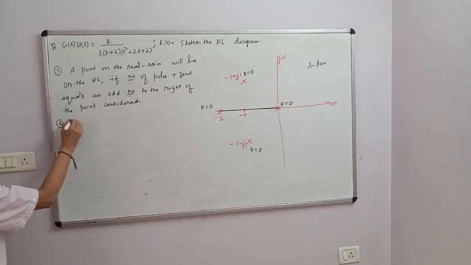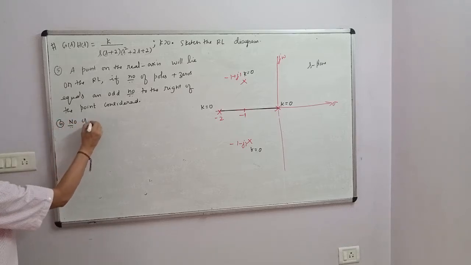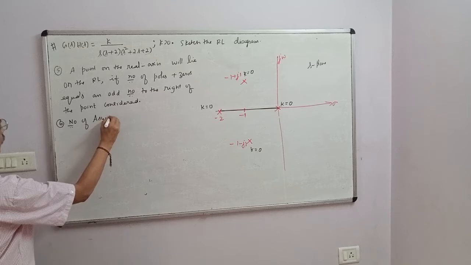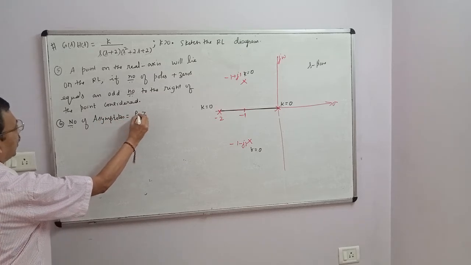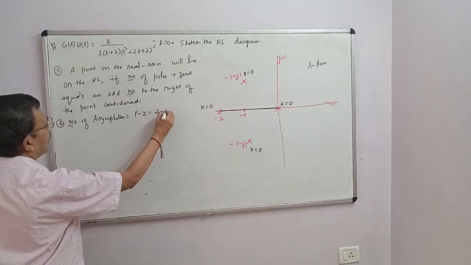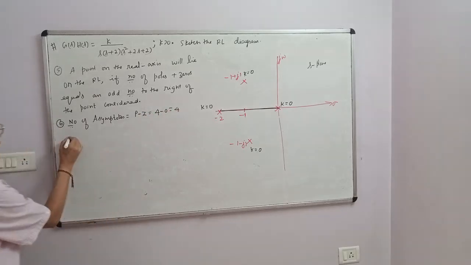6th point, number of asymptotes. Number of asymptotes is equal to P minus Z. P is 4, Z is 0, is equal to 4.